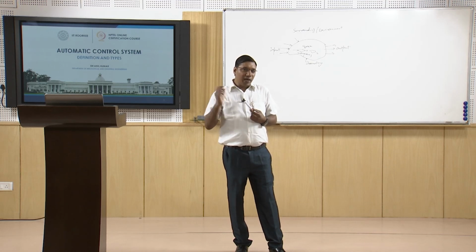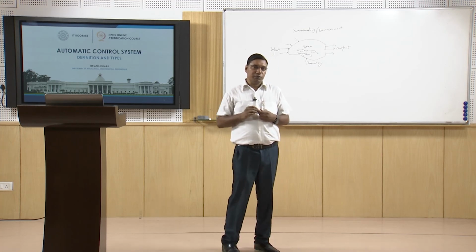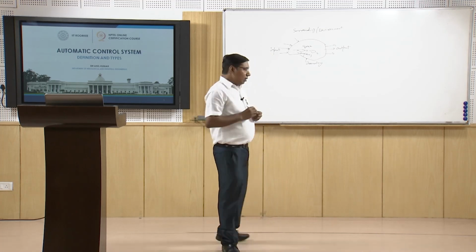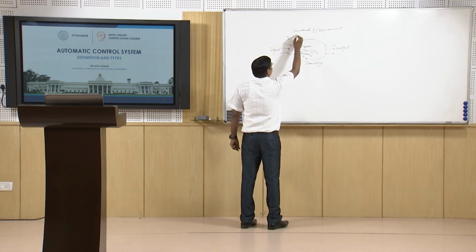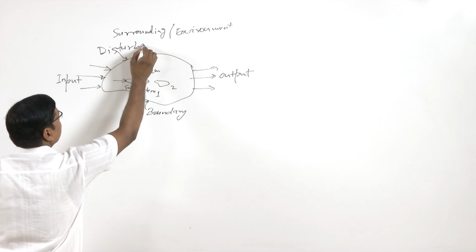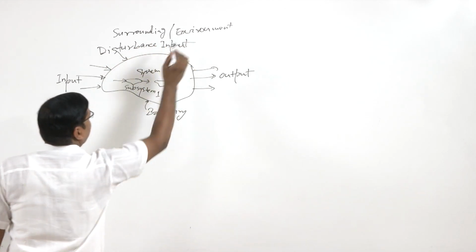So that noise coming from outside, from the environment, is the disturbance input. So this is our system, and it gets disturbance input from the environment.